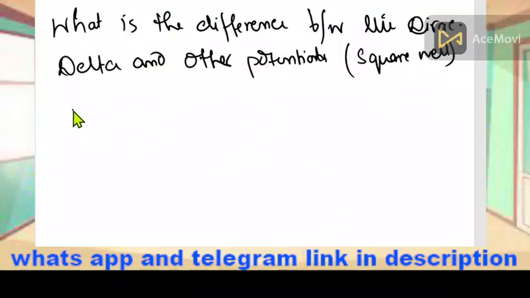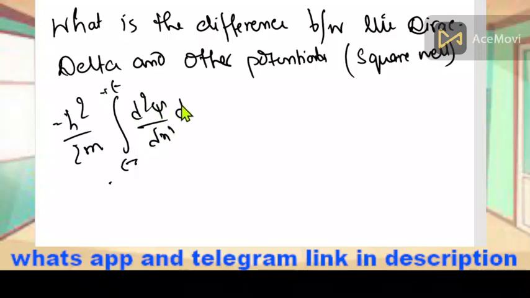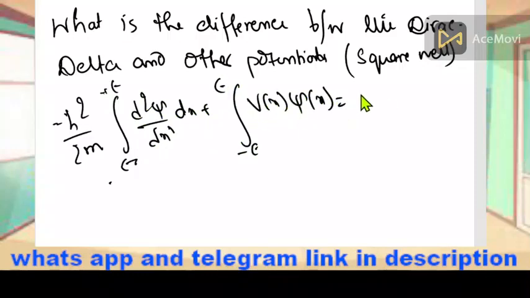Let me write the equation. Minus h bar square by 2m, integral from minus epsilon to plus epsilon of d2 psi dx square dx, plus the integral from minus epsilon to plus epsilon of V(x) psi(x). In most of the situations, this one is 0. This is perhaps equation number 7.